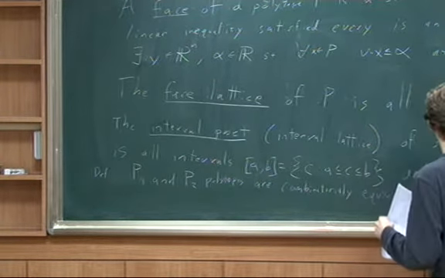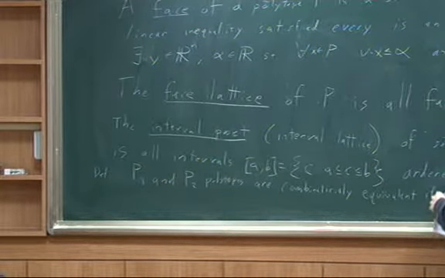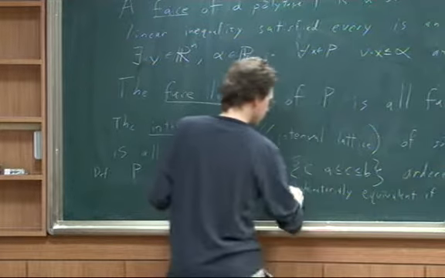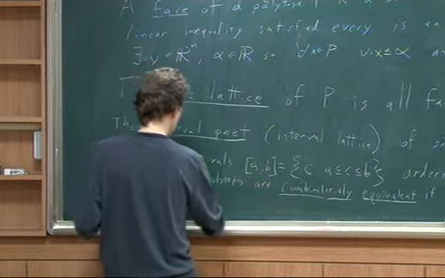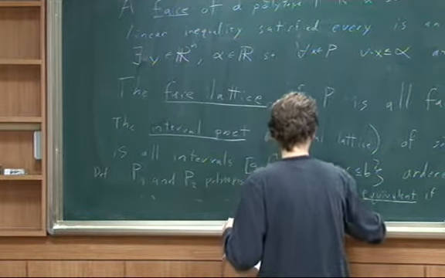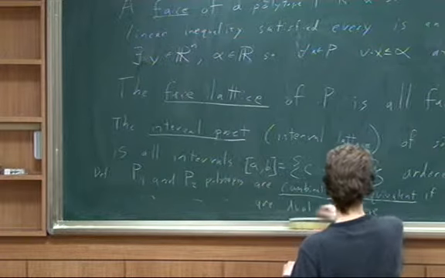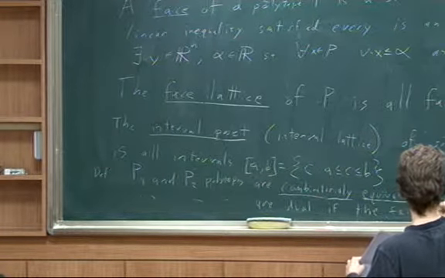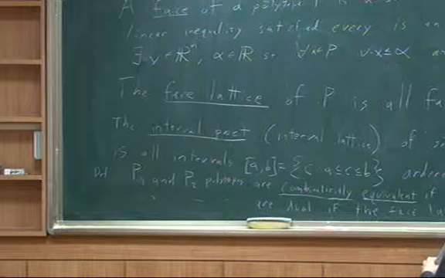if they have the same face lattice. And they are dual if, maybe this is not hard to see, the face lattice of one is dual to that of the other.